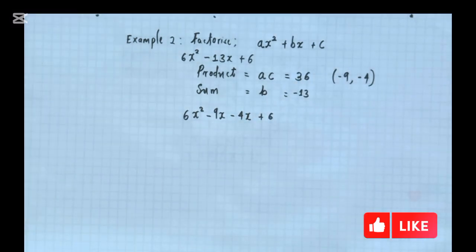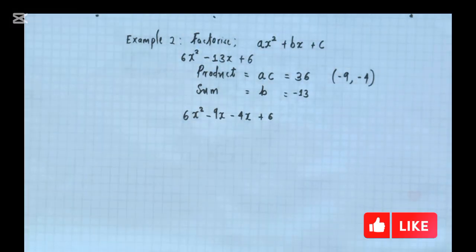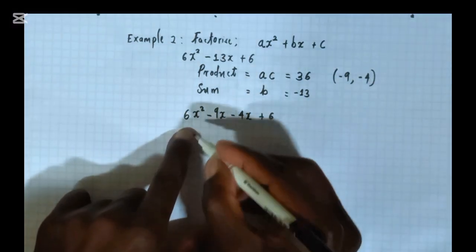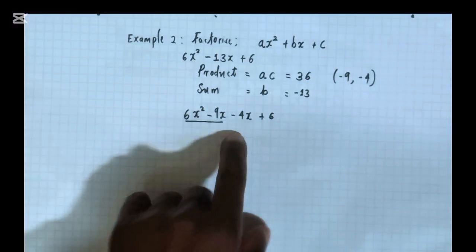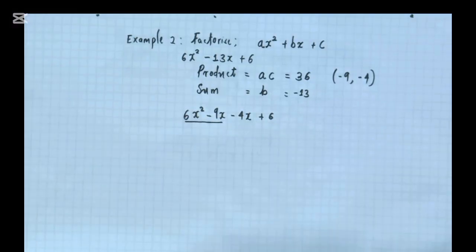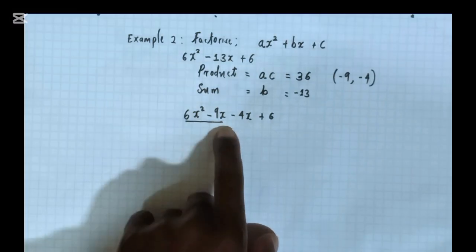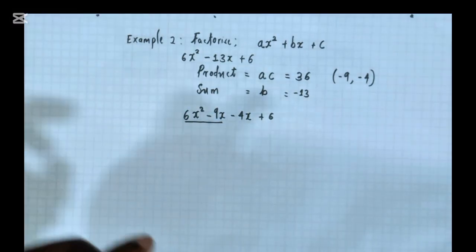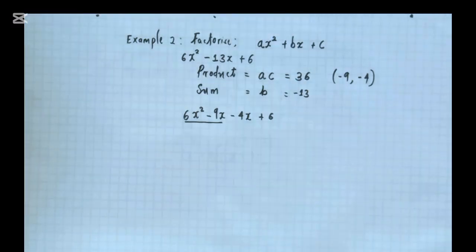Now that we have that in place, we then think of these quadratic expression in pairs and factorize common factors out. So we are going to take these two and factorize the common factor. When you look at 6x squared minus 9x, the common factors that we have there are actually 3 and x.